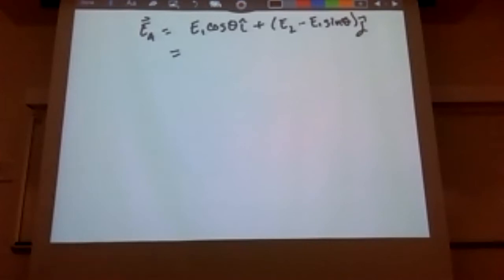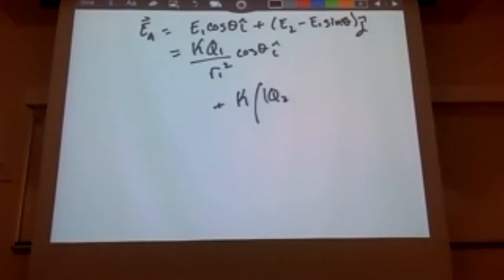Okay. So, good, from here, we know that the electric field is simply going to be equal to K times Q1 divided by the distance R1 squared times cosine of theta in the i-hat direction, plus K, I'm going to go ahead and factor that out. So I'm going to get a Q2, let me put absolute values around these, divided by R2 squared minus Q1 magnitude divided by R1 squared times sine of the angle, all in the j-hat direction.